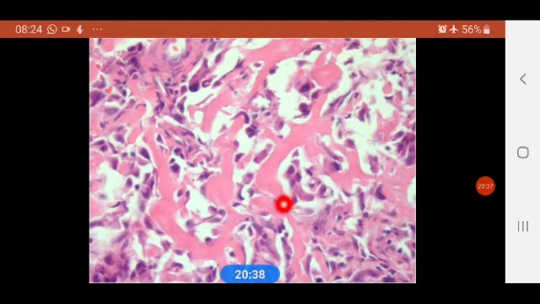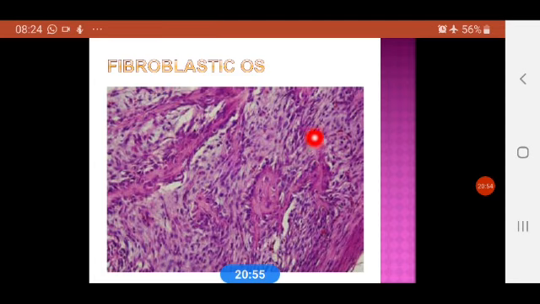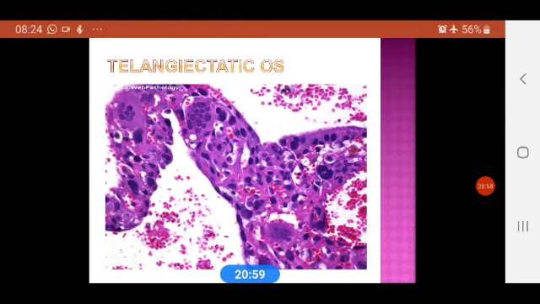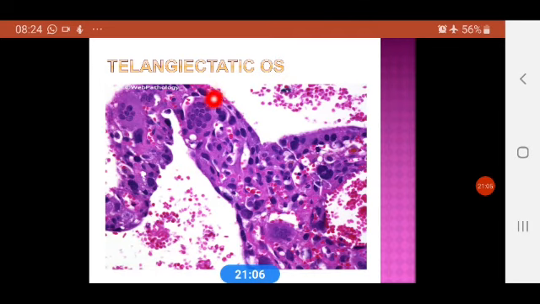Typical lace like osteoid with pleomorphic spindly cells, and that's your osteosarcoma. There are different histological variants: chondroblastic, which is seen in the younger age group, fibroblastic, where you have fibroblasts, and telangiectatic, meaning vessels. This is the vessels that you see around those pleomorphic cells.